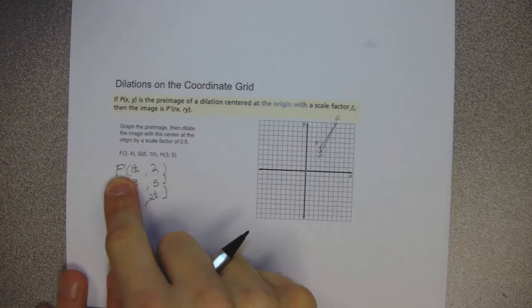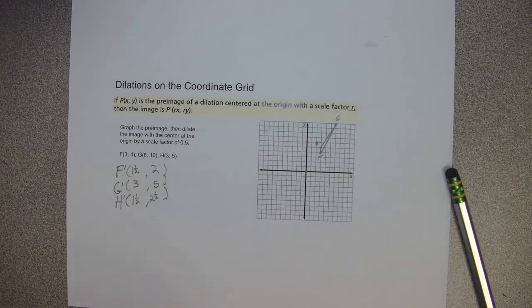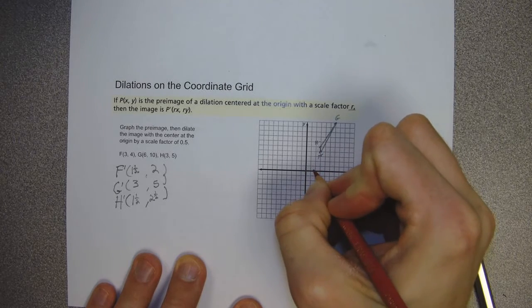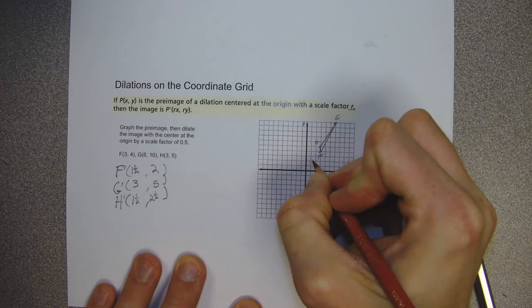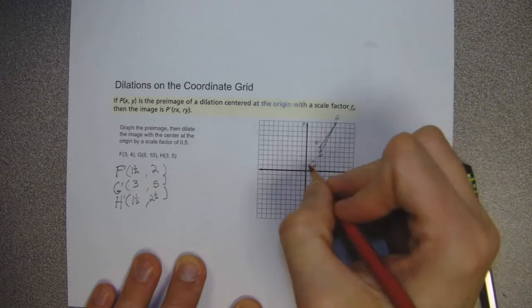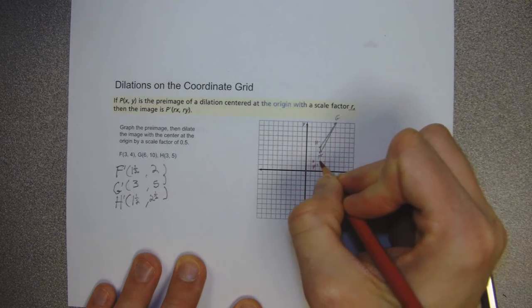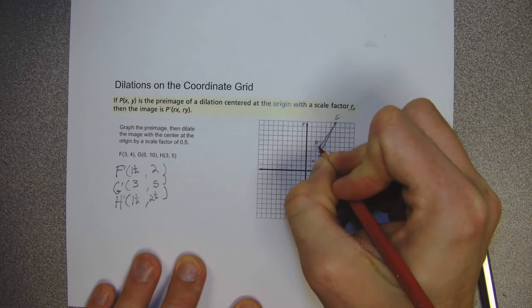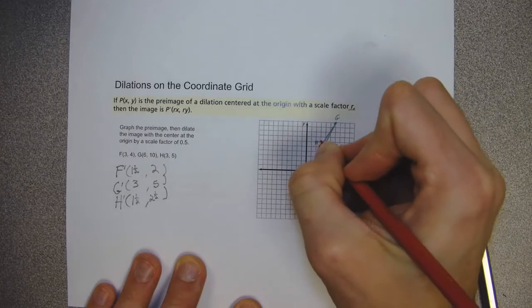So let's graph F prime, and I'm going to graph it in a different color just to make it a little bit easier to see here. So I'm going to grab a red pencil. So we'll go over 1.5 and up 2. So right there, there's F prime. All right, G prime is 3 over and 1, 2, 3, 4, 5 up. So G prime is now in the original position that F was. I'm going to try and draw that in.